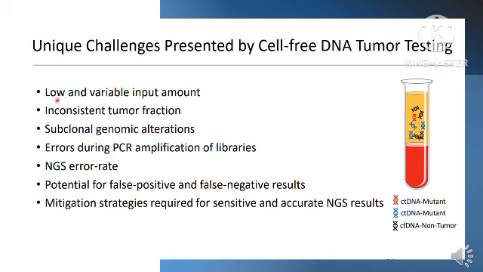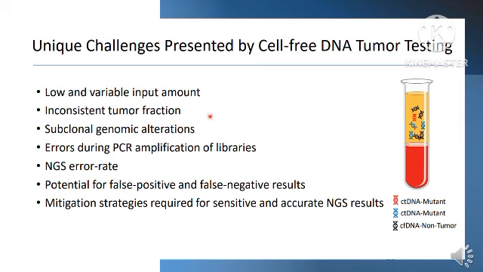The cell-free DNA quantity will be low and variable because of inconsistent tumor fraction, and subclonal genomic alterations are very difficult to detect, and we cannot differentiate errors during PCR amplification and NGS sequencing errors from the subclonal genomic alterations. So there are chances of false positive and false negative results. So mitigation strategies are required for sensitive and accurate NGS results.